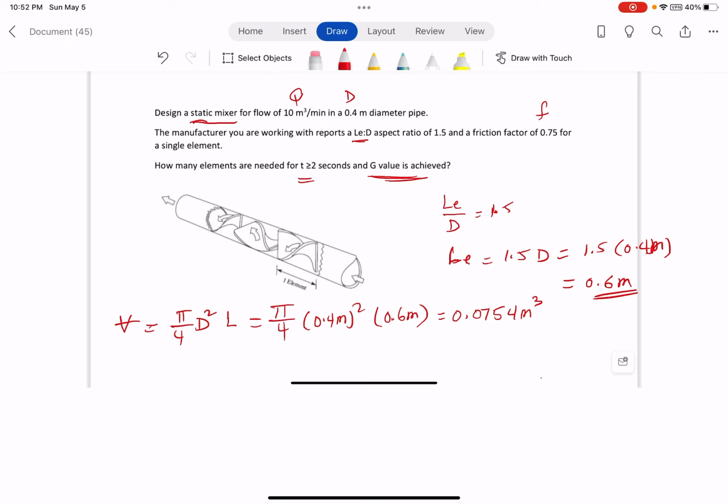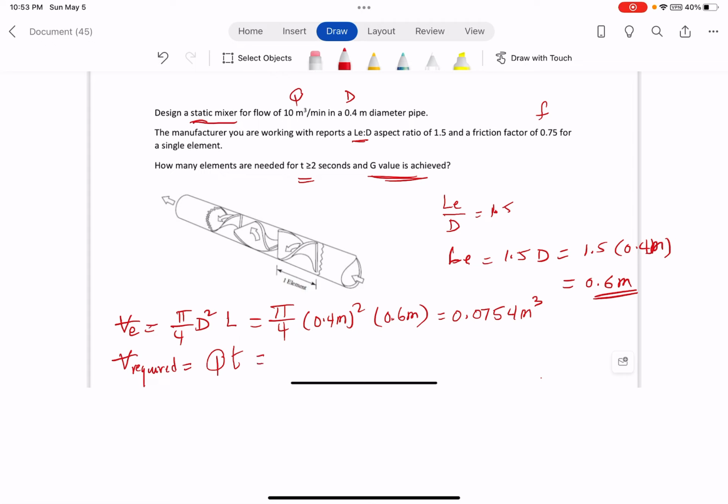What is the total volume required for the whole static mixer? The volume required is equal to the flow rate times the time. The time here is 2 seconds, or higher, but we're going to take the equal one, 2 seconds.